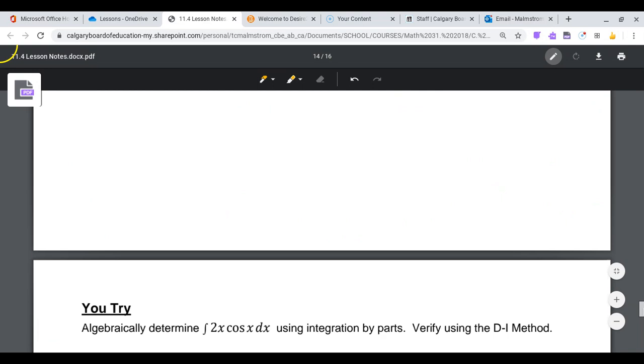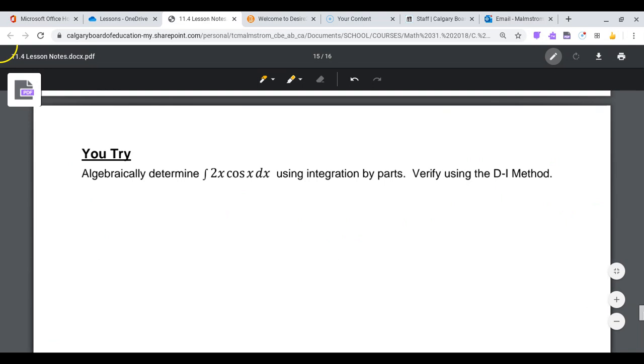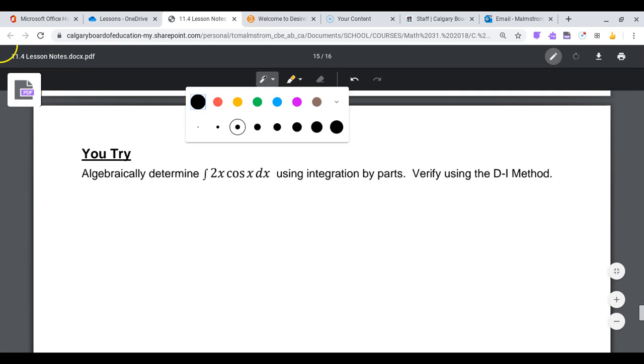Okay, I did add one last question here. If you wanted to try a U-Try on your own, using integration by parts. And even if you don't have to do the product rule twice, you can still verify using the DI method. If you wanted a second U-Try, I'll write up both questions and answers so you can come back and look at these. I think I had a blank page right here.